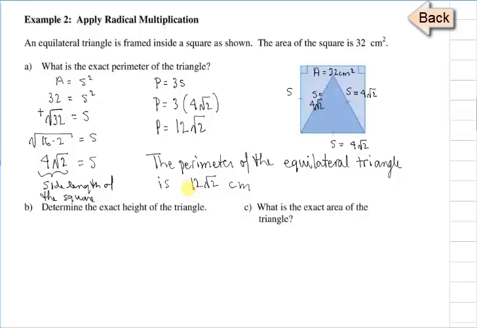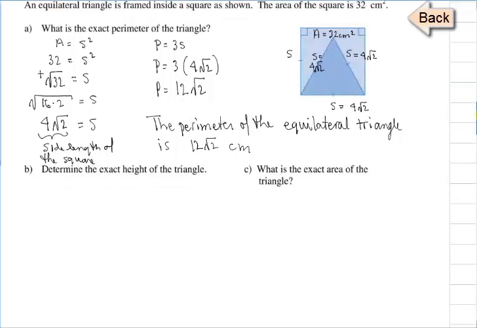We call it an exact perimeter because we are not taking the square root of 2. If we took the square root of 2, we would have an approximate number. But because we're leaving it in radical form, it's exact. If you were asked to find the perimeter to, let's say, 1 decimal place, then you would have to work out what the square root of 2 is, multiply that by 12, and then leave your answer as 1 decimal. Okay? All right, our next question is asking us to determine the exact height of the triangle.